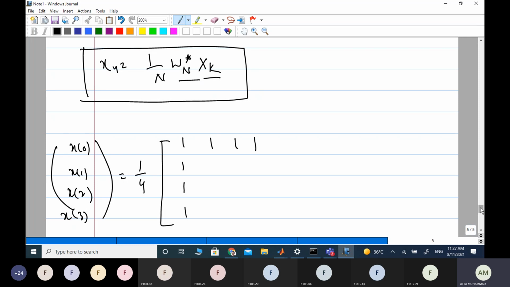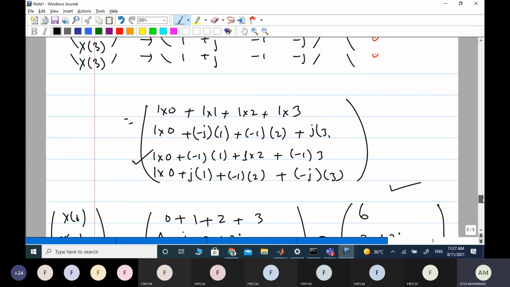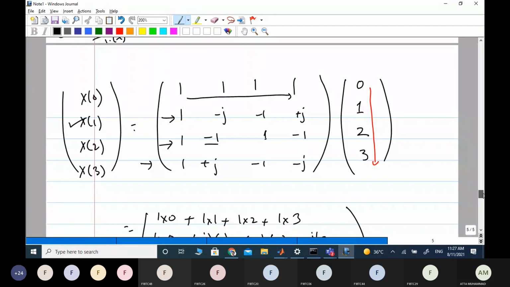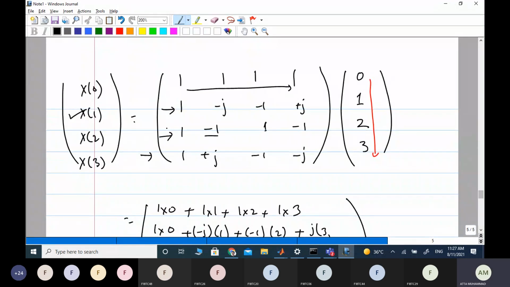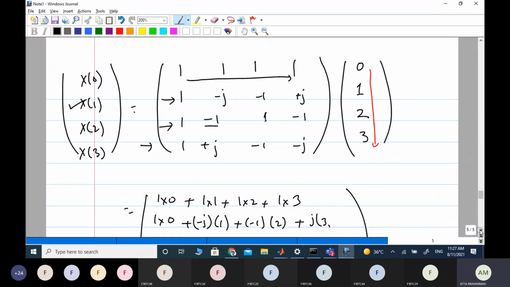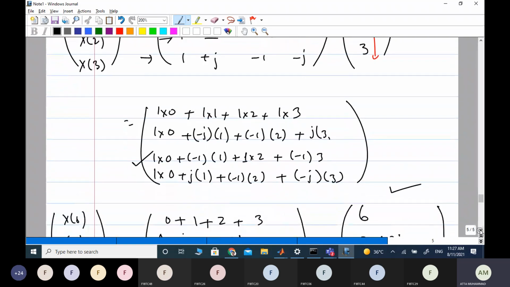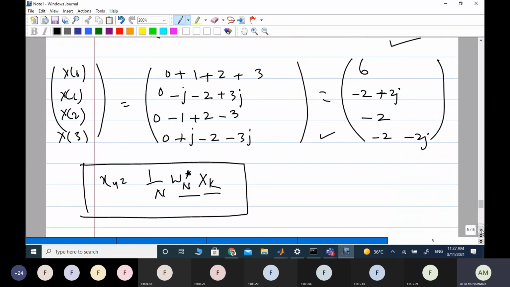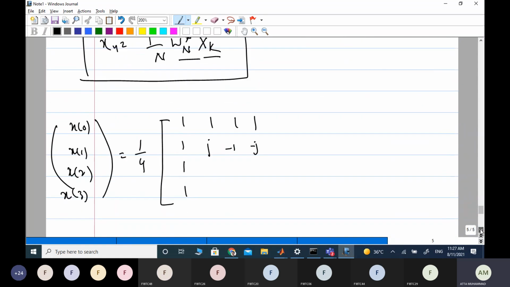Earlier it was minus j, so it should now become plus j. This becomes plus j, it's minus 1, and earlier it was plus j, now it becomes minus j. Let me confirm. Yes, and this row stays the same because in the conjugate we don't change the real component. All we need to change is the sign of the imaginary component, right?